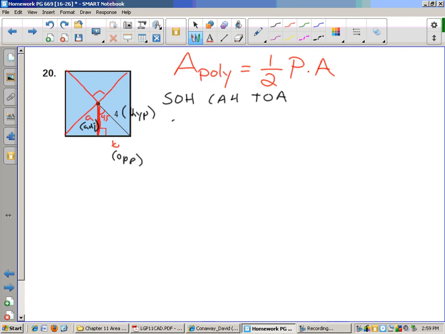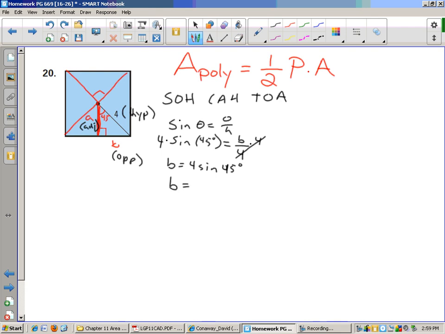So for SOH, the sine of theta equals opposite over hypotenuse. So the sine of 45 degrees equals B over 4, since B is opposite and 4 is hypotenuse. So multiply both sides by 4, and I'm going to get B equals 4 sine 45 degrees.